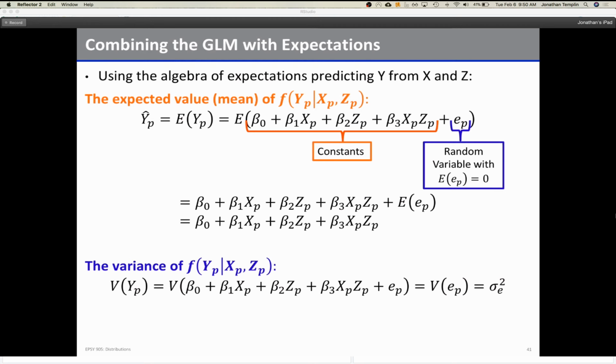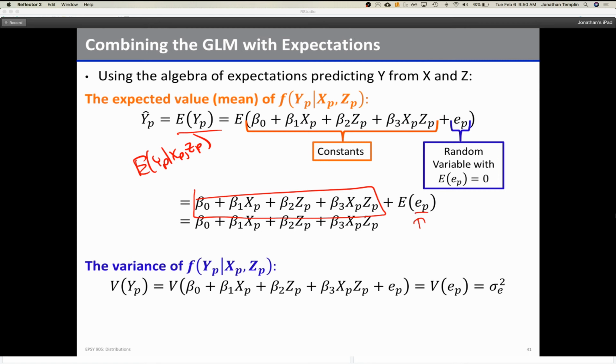So if we do some algebra of expectations, if we wanted to figure out what the expected value of y happened to be, in this case it's really the expected value of y given x and z, it's a conditional expectation. We take the constants here, and we know the constants shift the expectation by the constants, so we can pull them out. And we're left with the constants plus the expected value of e.